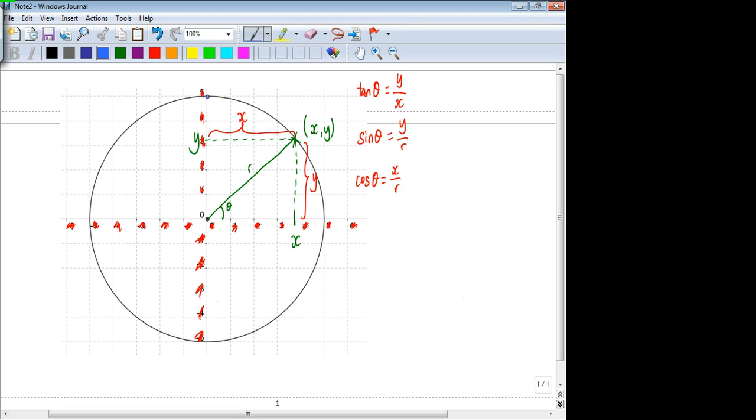Okay, what happens if I have another angle? I draw another line over here. Let me draw it symmetrical. My purple line is symmetrical to the green line.